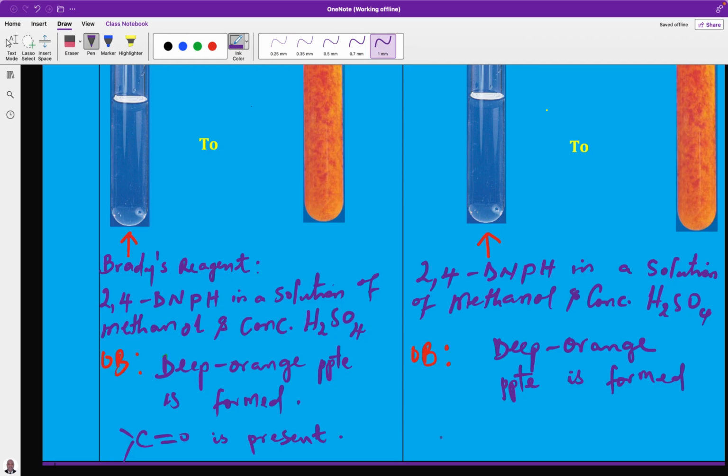It also shows that in the acetone, the same carbonyl group is present.